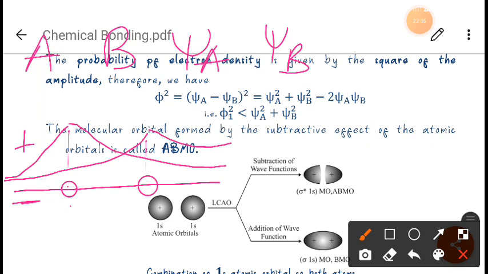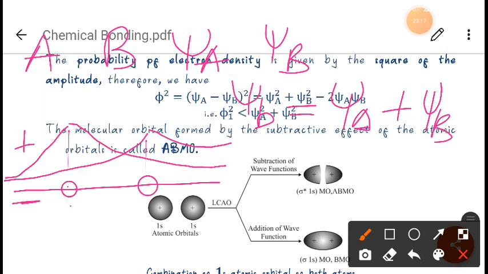Now when we talk about the wave function of the bonding molecular orbital, suppose it is denoted by psi b, right? So what will the wave function be? The wave function will be psi a plus psi b, right? I hope you are understanding this. Now the wave function of the bonding molecular orbital can be shown like this.